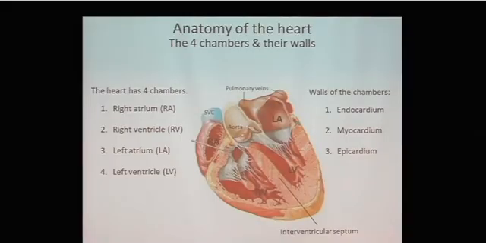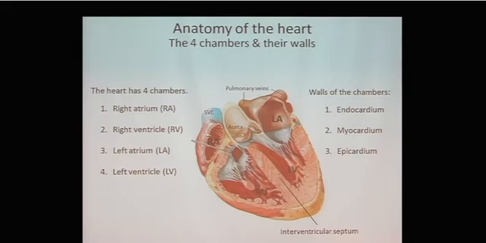So we have a right heart and a left heart. The right heart is the right atrium and the right ventricle. That's the side of the heart for the deoxygenated blood. And then the left heart, which consists of the left atrium and the left ventricle, is the pump for the oxygenated blood. That's pretty straightforward, I think.